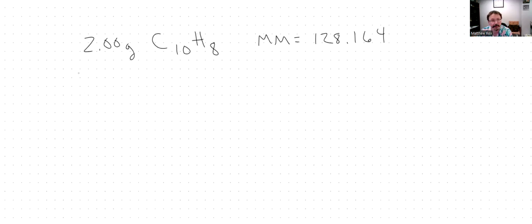Now we have 2 grams for question 18. 2 grams of naphthalene, and molar mass 128.164. It's burned in a bomb calorimeter, and the temperature increases from 24 degrees to 30 degrees.